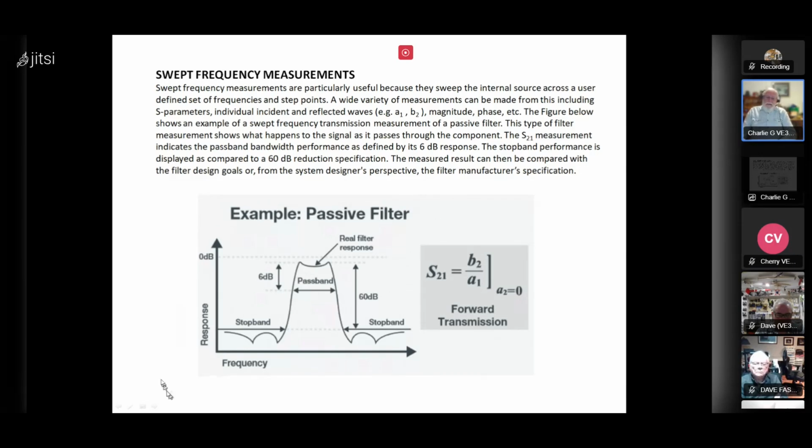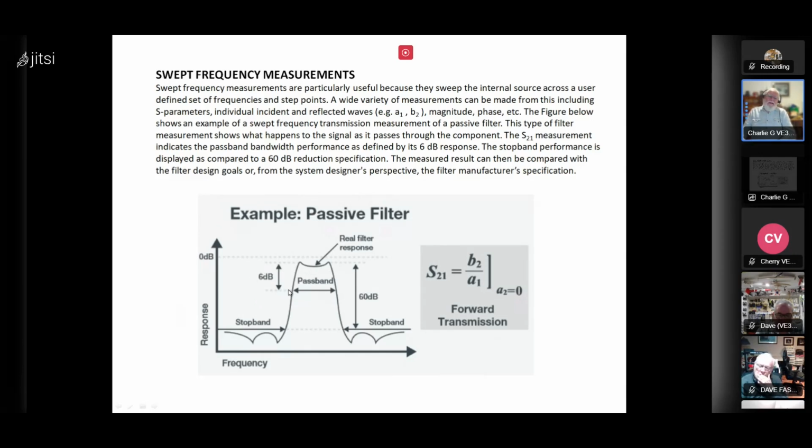So here's a notch filter, I guess is one way of calling it, or a bandpass filter. So the VNA will tell us just how good things are in the stop band, whether it be the lower part or the upper part, what the pass band looks like. You'll note that the pass band of the filter we're talking about here is the 6 dB bandwidth.